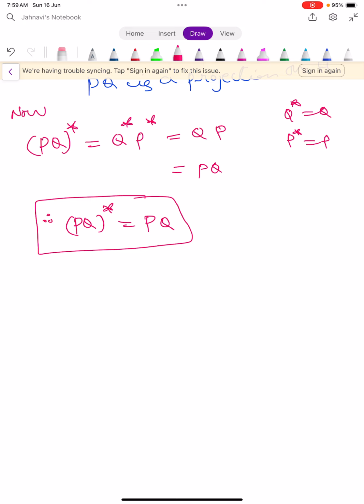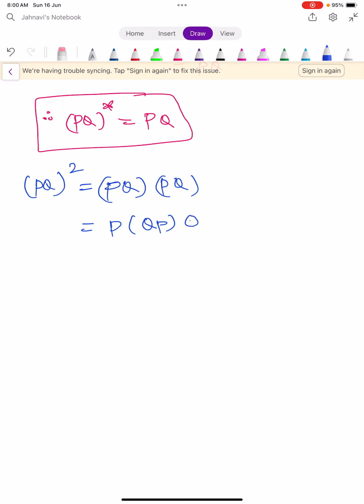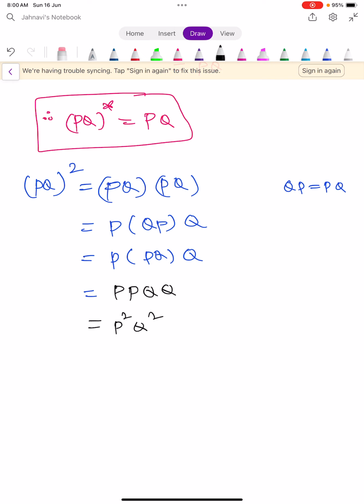Now we are going to prove idempotence. (PQ) square is equal to PQ into PQ. By using the associative axiom, it can be written as P into QP into Q. Again, we said that QP is equal to PQ, so it can be written as P into PQ into Q. After removing the brackets, you get PPQQ, which is nothing but P square Q square.